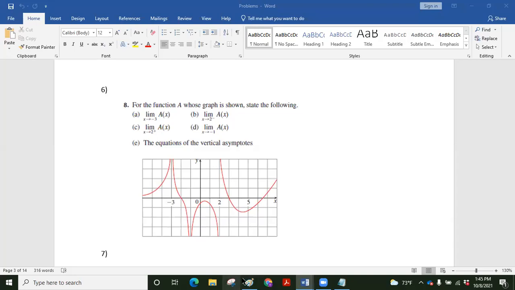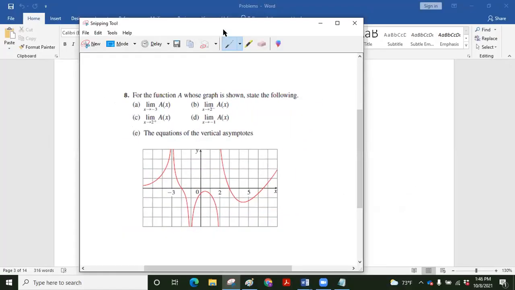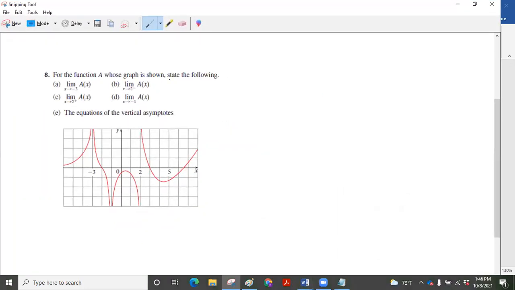So this question here is sort of dealing with limits that are approaching vertical asymptotes. It says for the function a whose graph is shown, state the following. So this is the limit as x approaches -3. So we're looking at -3, we're coming from the left.